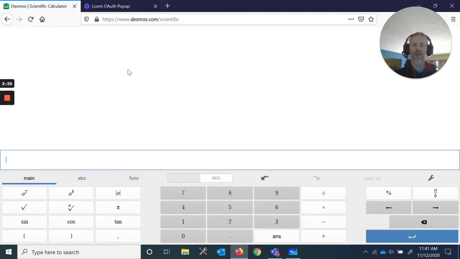So remember that squared just means times itself. So if I flip over to my calculator here, I want 4.8 squared. So I'll type in 4.8. This button means squared, or you can use this and raise it to the power of 2. So if I do that, I get 23.04.